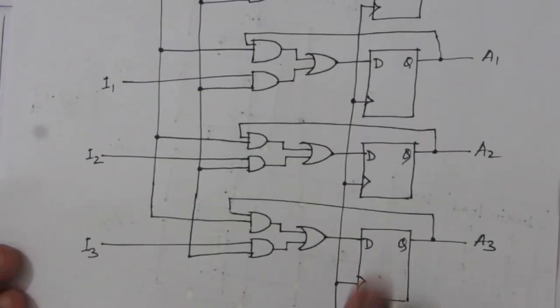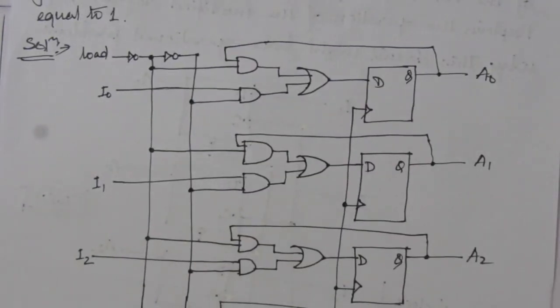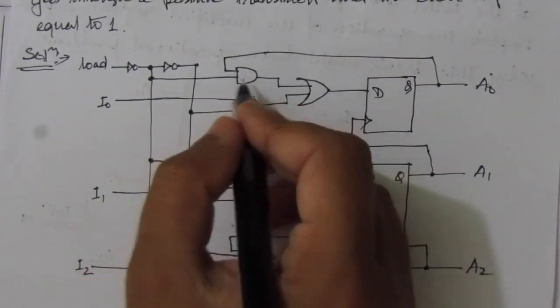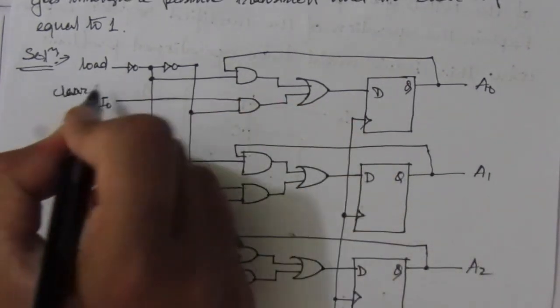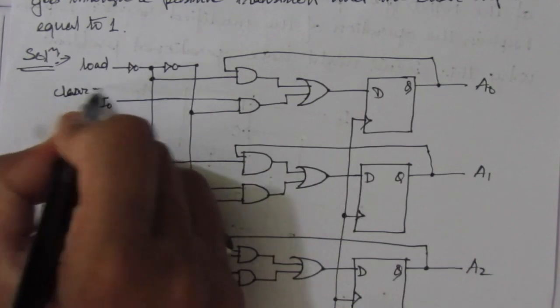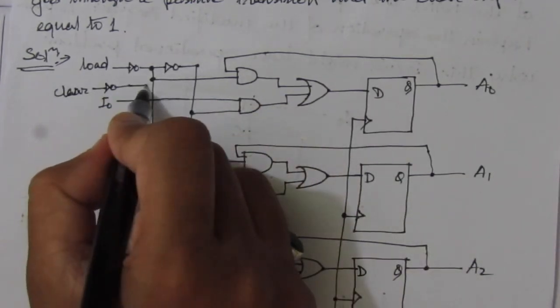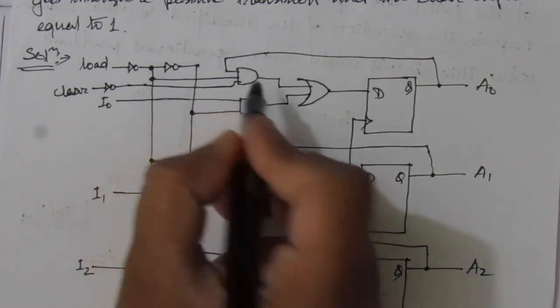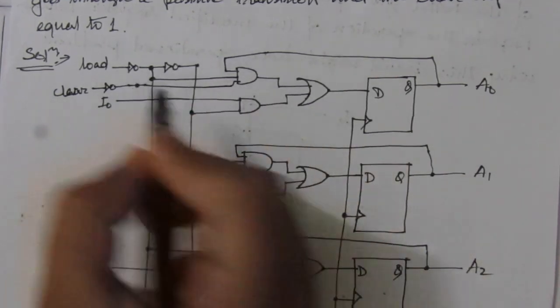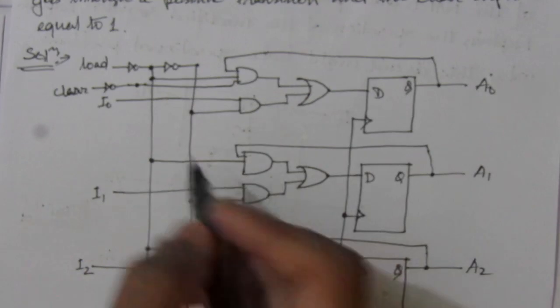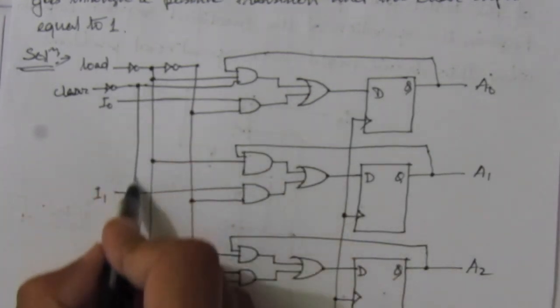Now let us draw this clear line. We will apply this clear to the upper AND gates. This clear will be applied through a NOT gate, through an inverter, to this upper AND gate. This will again be connected to the second flip-flop as well.